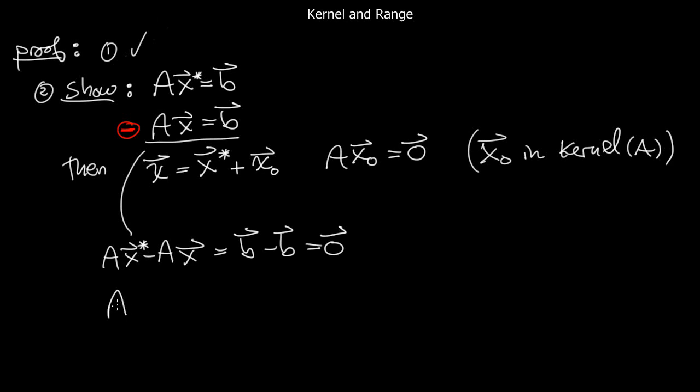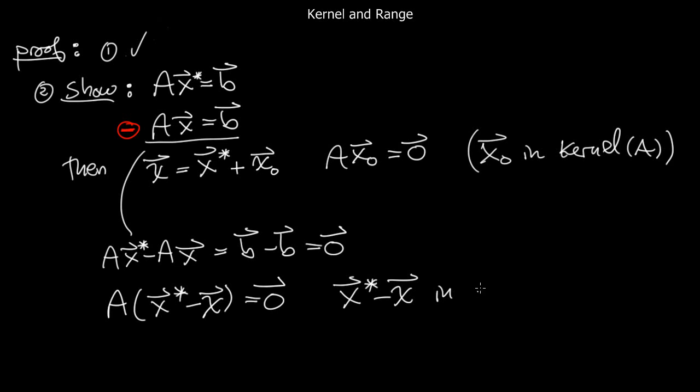And on the left-hand side, you have A, and you can factor out the A to write it as A times (x star minus x) is equal to 0. And there you go. That says that the difference of x star and x is in the null space, or kernel, of A.